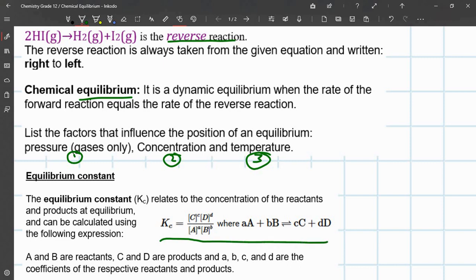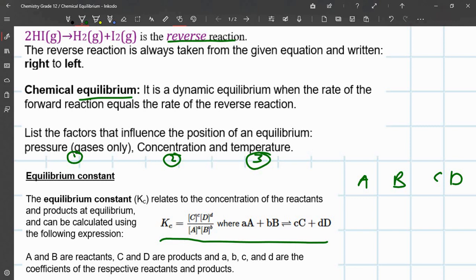So if you have aA plus bB gives us cC and dD, where A, B, C and D are all elements, so it could be carbon, hydrogen, oxygen, whatever, and a, b, c, d are just placeholders or coefficients of those compounds or molecules.